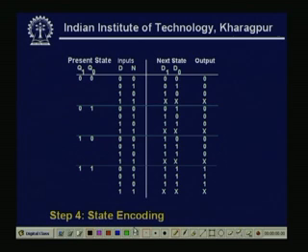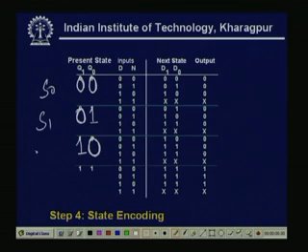So if we see, this 00 is my S0, 01 is my S1, 10 is my S2, and 11 is my S3.